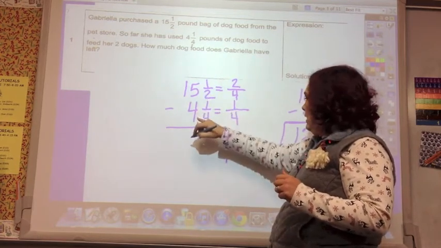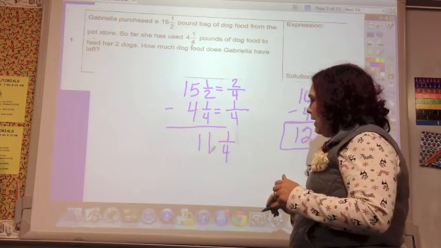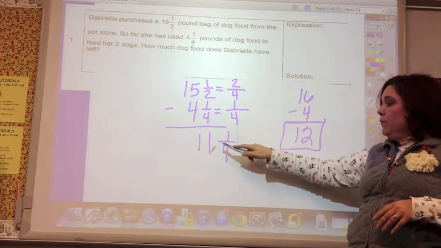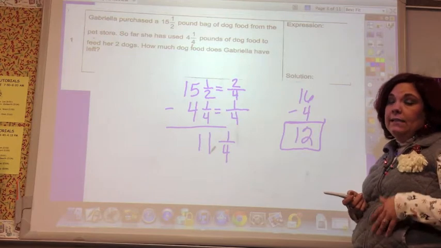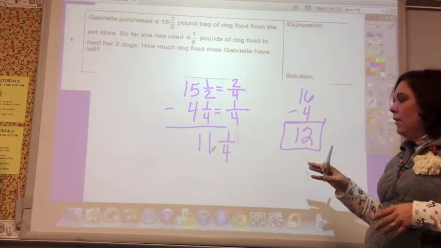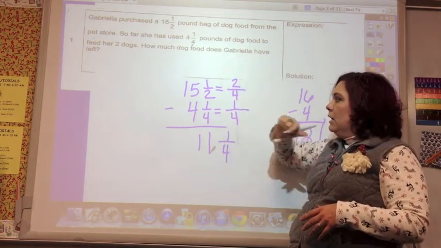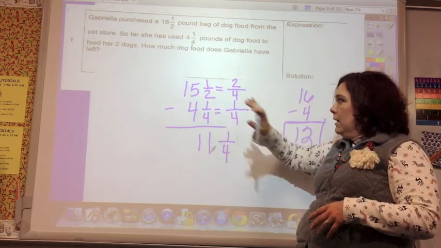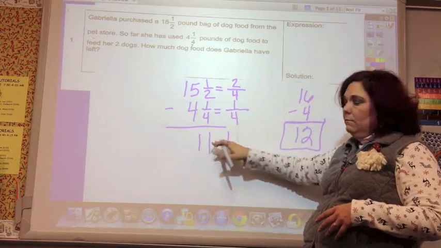And 15 minus 4 equals 11. Okay? So now I say, is this reasonable? Is it reasonable that 11 1/4 is close to 12? Yes, it is. It's not exact, but it's close enough. And now I know my answer. And so it makes sense that this is how much Gabriella bought, this is how much was used, and this is how much remains.